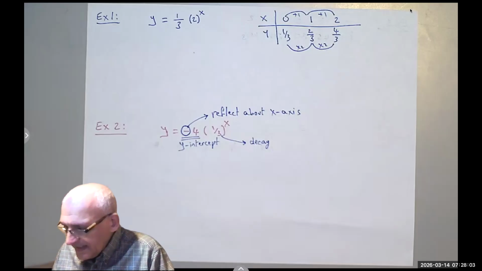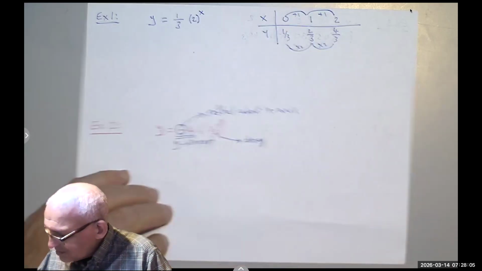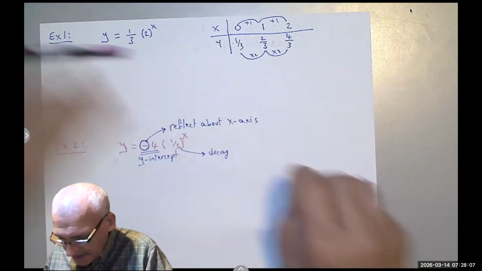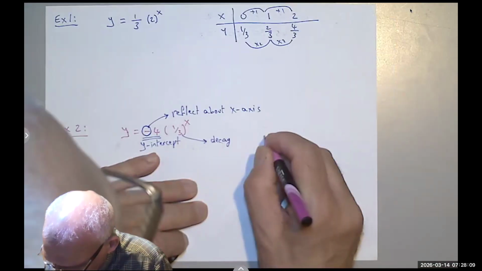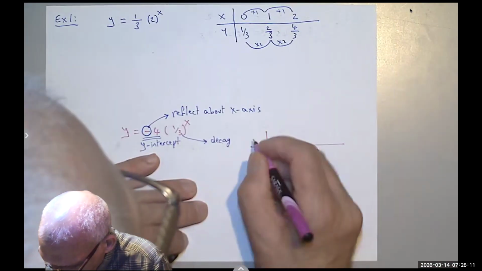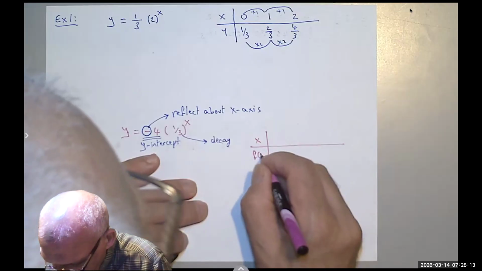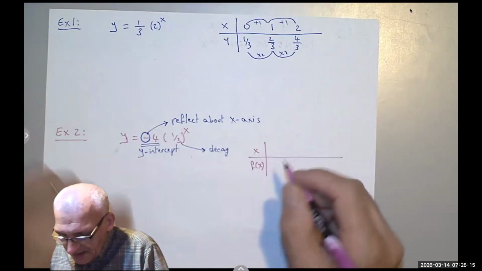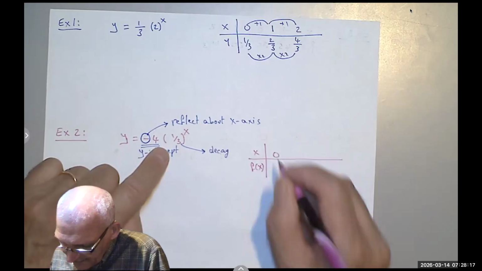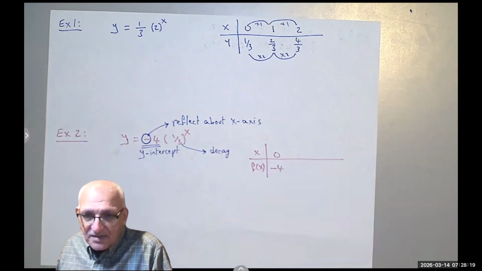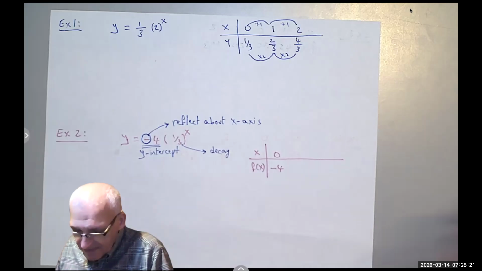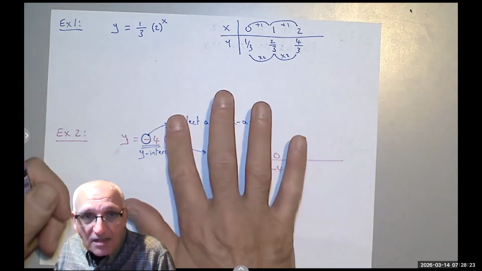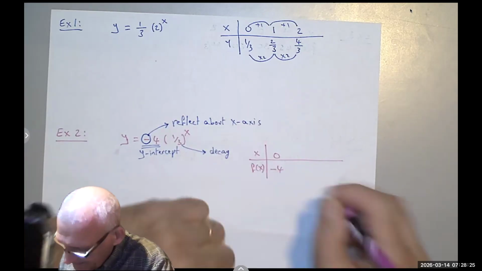So again, let's try to do a table here and say some easy values, x, f of x, or y. If x is 0, y is -4, there is no math, because anything to the 0 is 1, you get the -4.